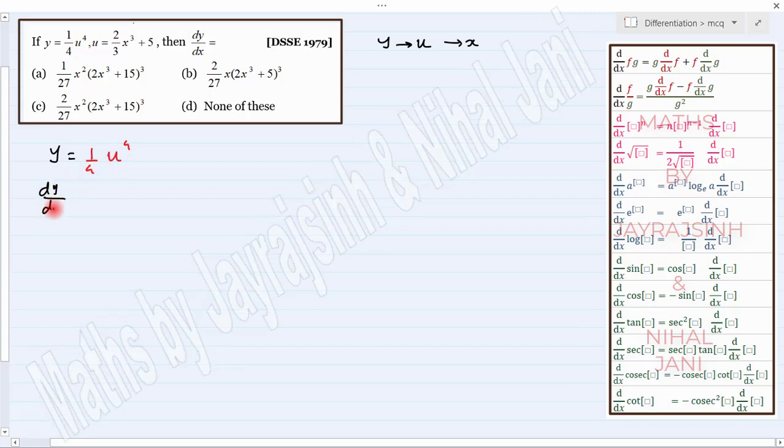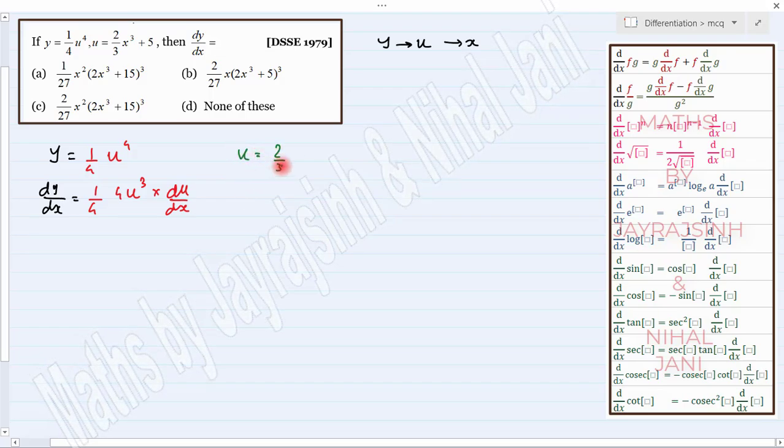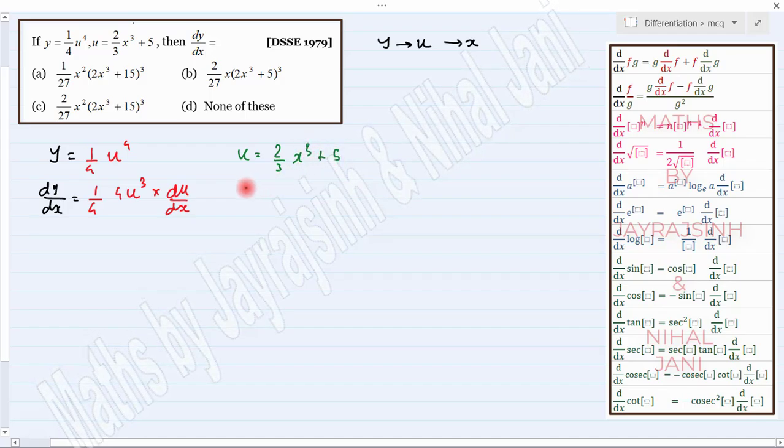So we will get dy by dx is equal to 1 by 4 into 4u raised to 3 into du by dx. To get du by dx, we will use equation of u, which is 2 by 3 into x cube plus 5.